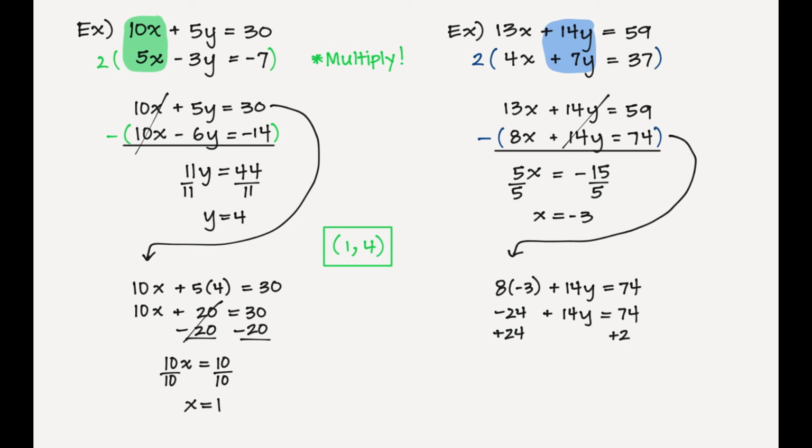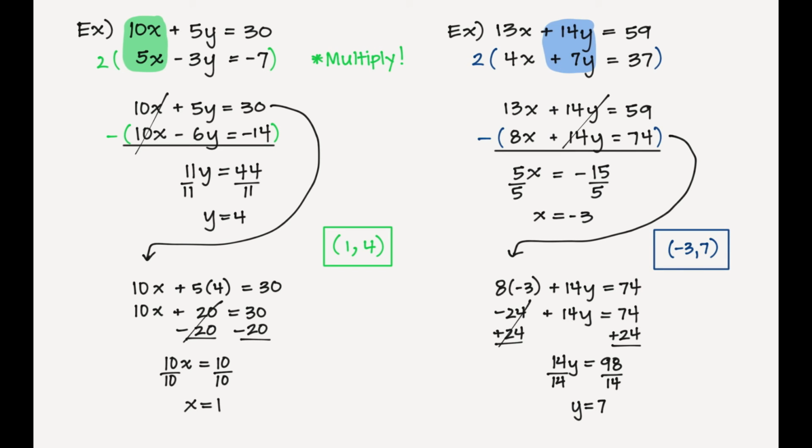I'm going to add 24 to both sides to get the y alone. So 14y is equal to 98. And then I'll finish off by dividing by 14 on both sides, and y is equal to 7. So my solution is found at negative 3, 7, and that's it.